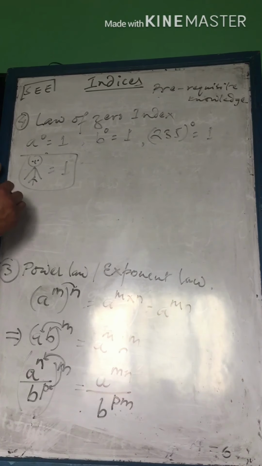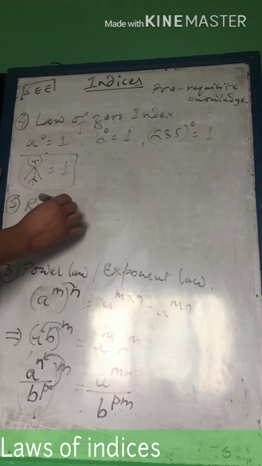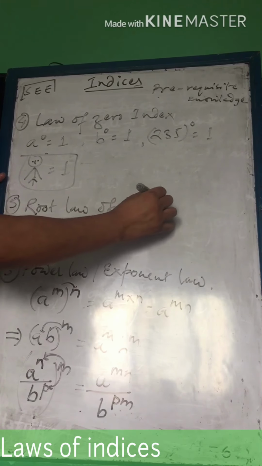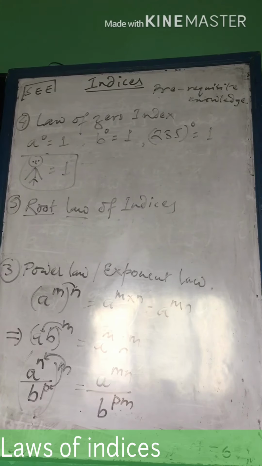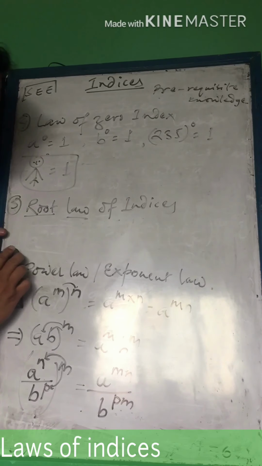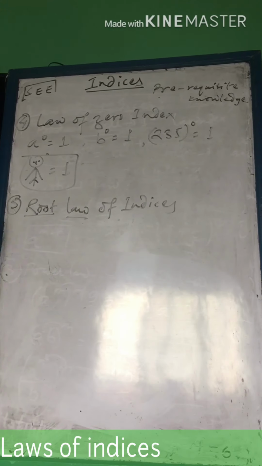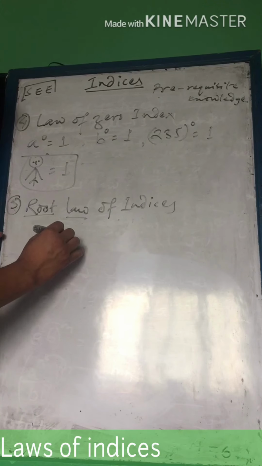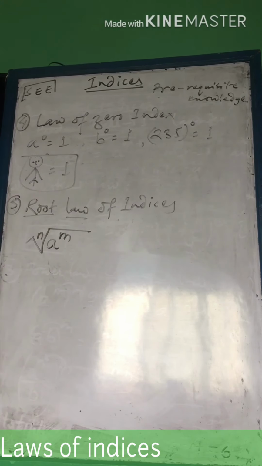The next one is the root law of indices. What does this law tell? Suppose an index number has an nth root, the nth root of a to the power m.